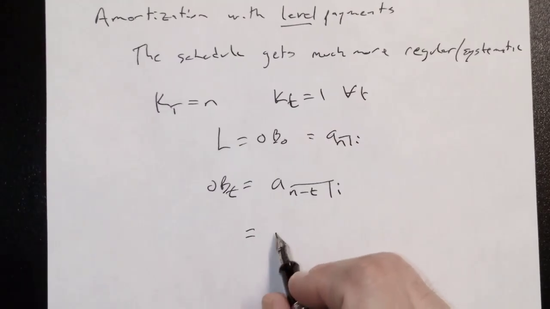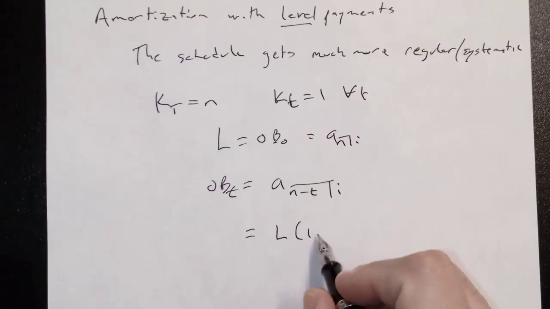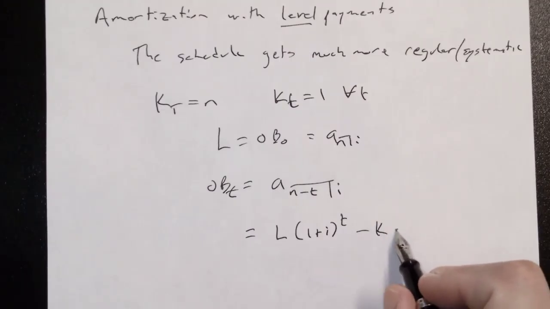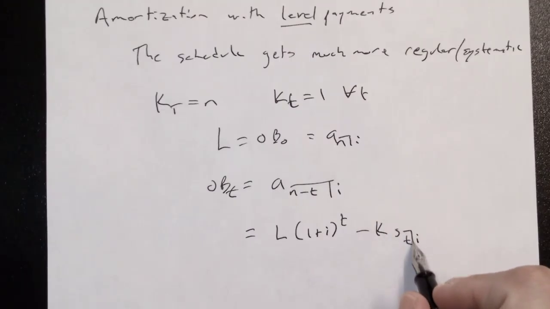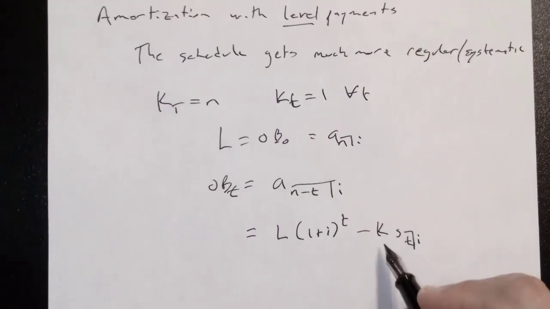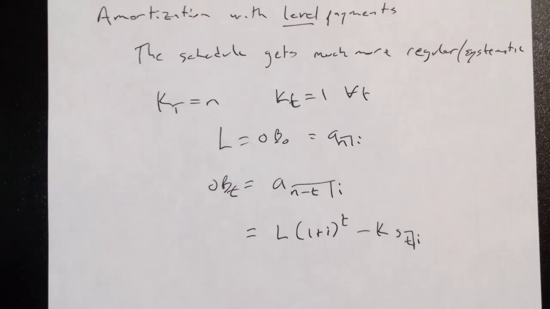This is also L_1, I lost the page, (1 plus i) to the t minus K s_t at i. But that equation, this relationship between these two, wait a minute, K was 1. This was the definition of the relationship between a and s. All right.